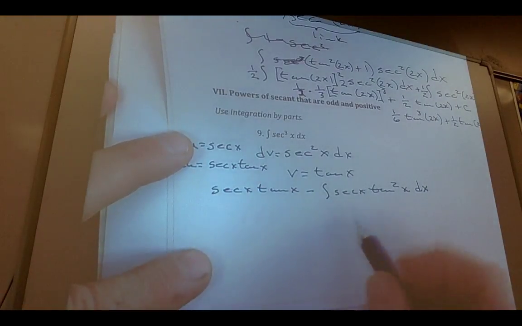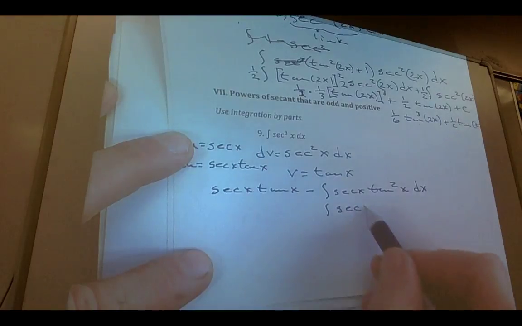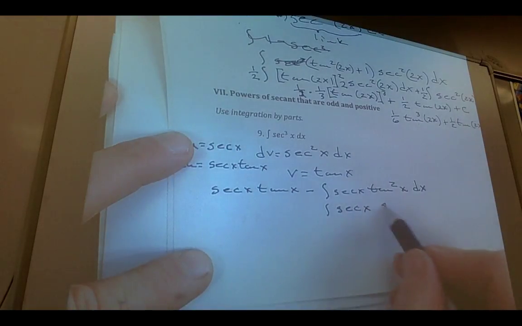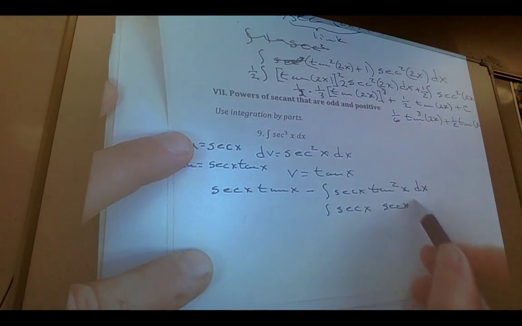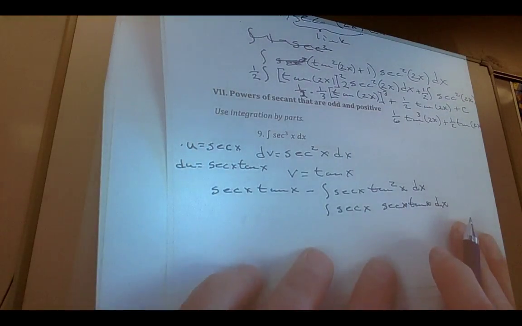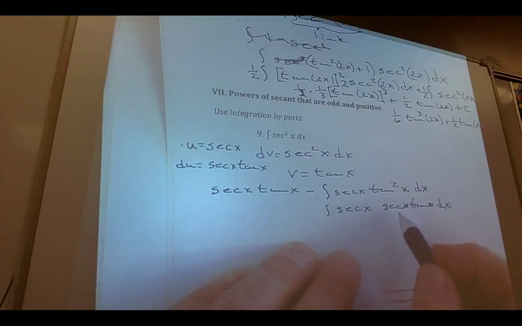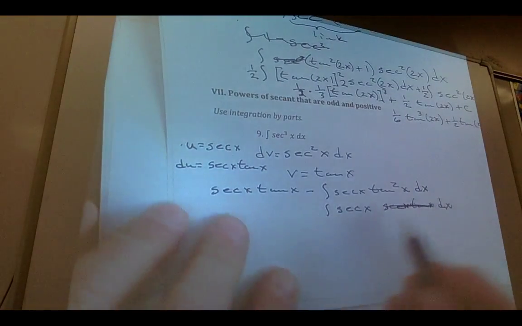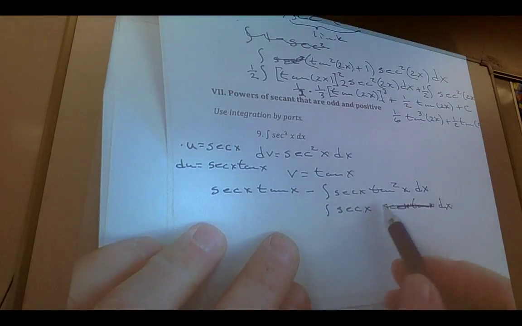Well, I'm going to break it up so it looks like this: secant x times secant x tangent x dx. Oh, I'm doing that wrong, aren't I? How should I break this up?